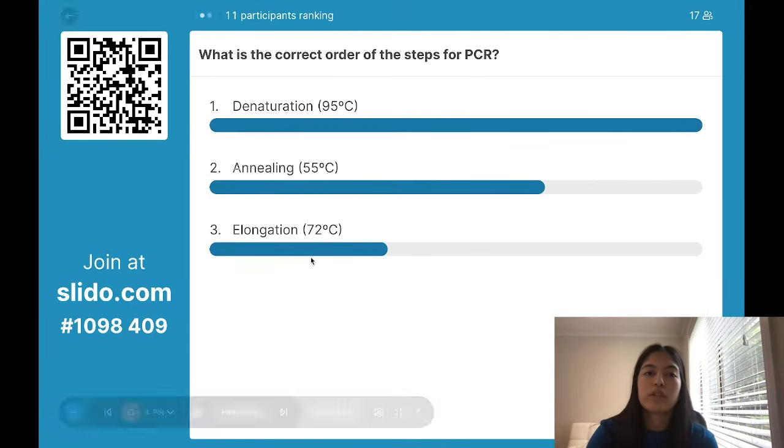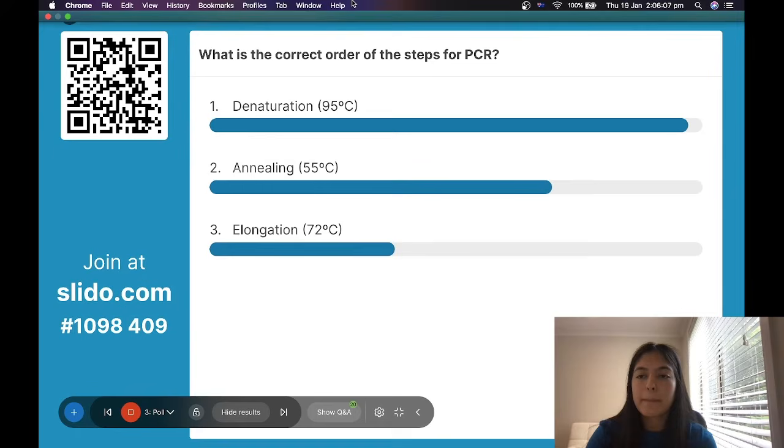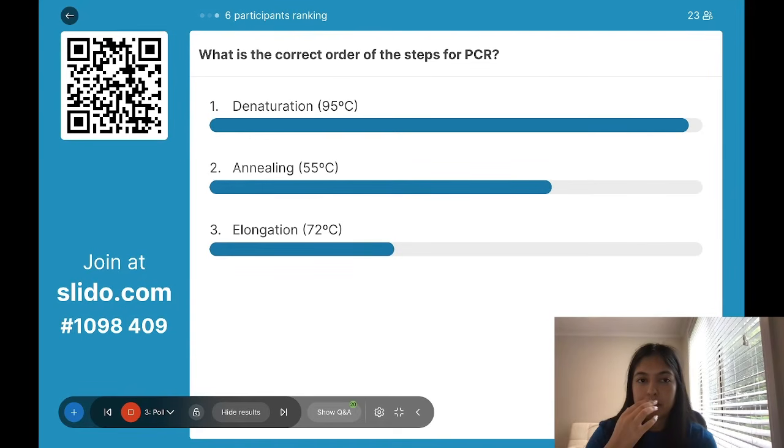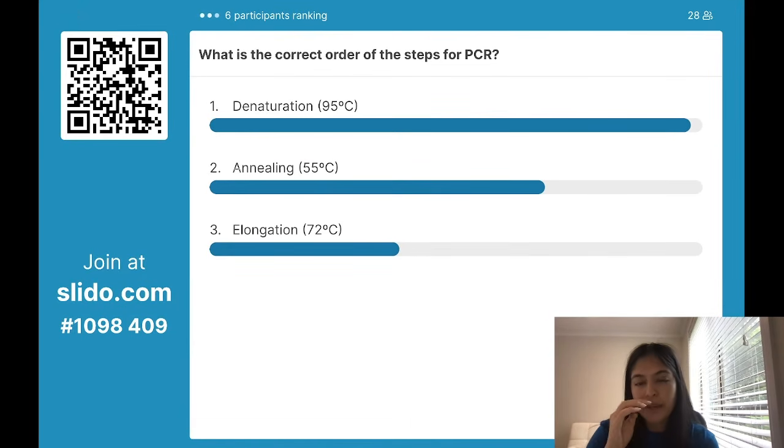Okay, won't give you too long. But yeah, okay, looking good. So yeah, denaturation, annealing, elongation. So really hot. And remember, you have to know the purposes of these.